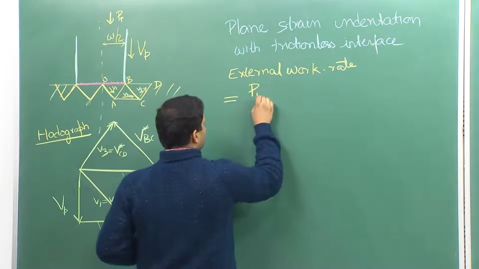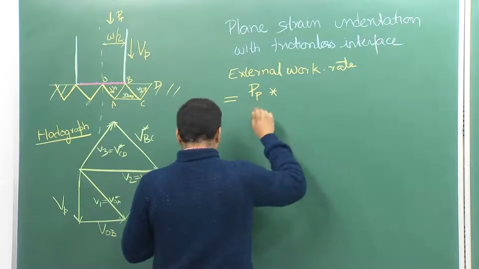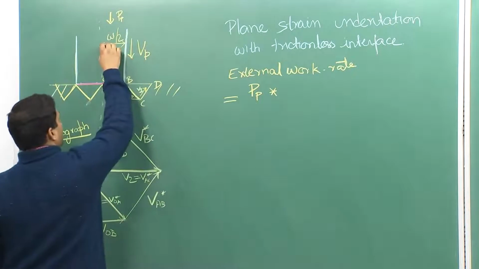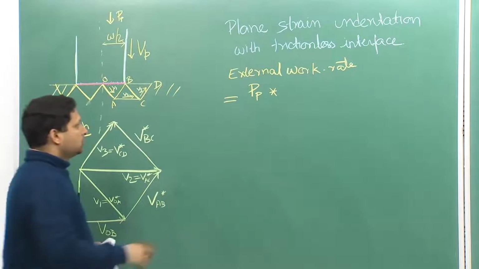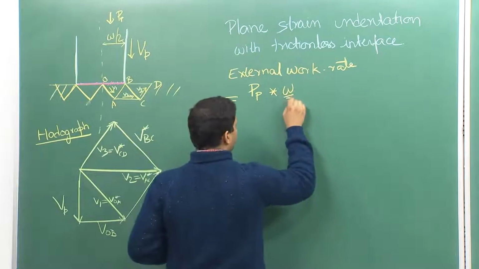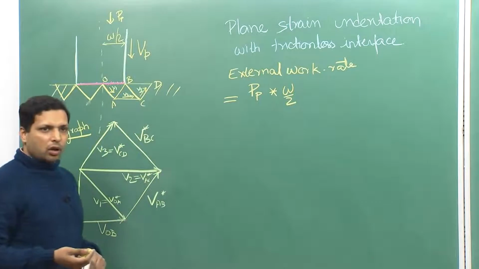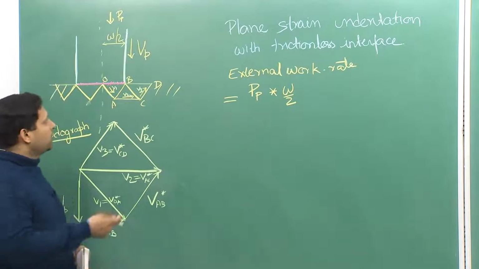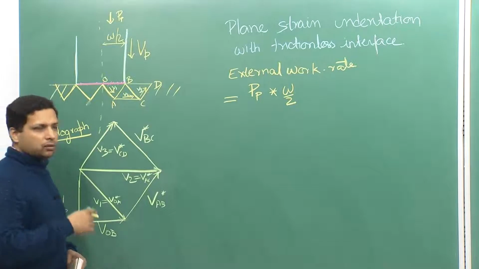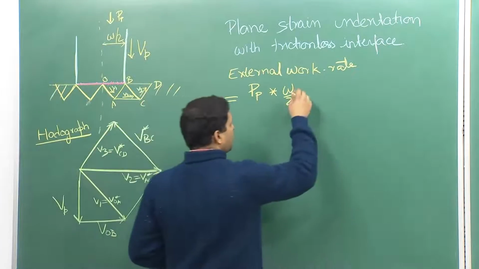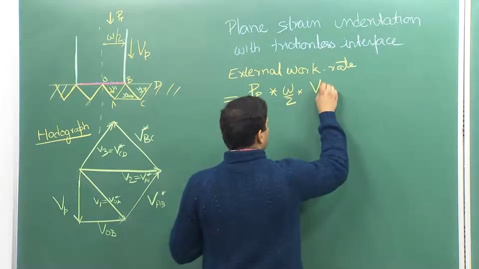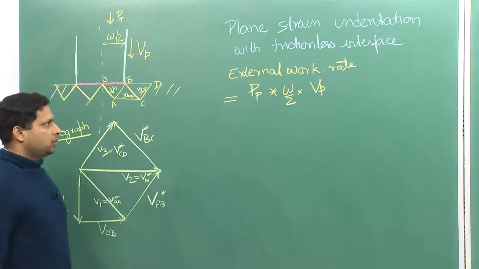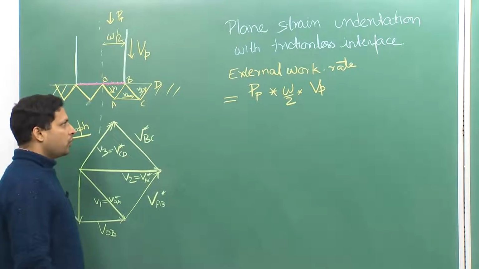The external work rate will be equal to Pp times the area. We have to consider only this part, W by 2, for one dimension. For the other dimension, we stopped taking it, assuming the geometry remains constant throughout. It is a plane strain condition, so the third dimension we can ignore. Then times the velocity Vp. This gives us the external work rate.